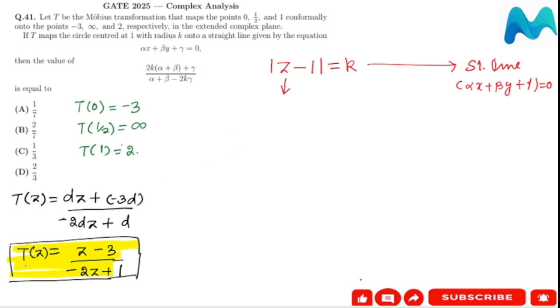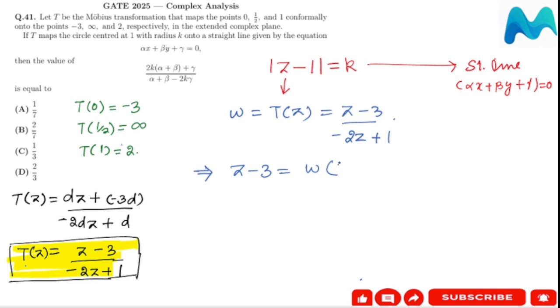We know that w is equal to T(z), which is (z - 3)/(-2z + 1). So we can write w(1 - 2z) = z - 3.